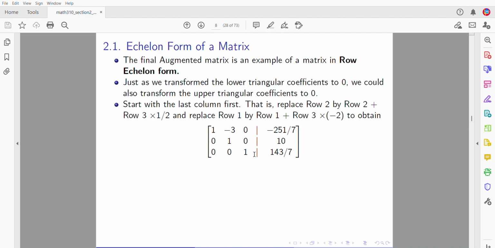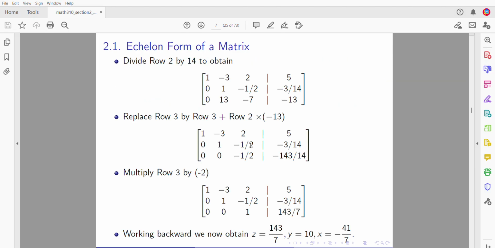If you got a 0 here and then try to change anybody here, it would make a mess back over here. So try not doing that. Always start from the last column. I have a 1 here, so let's go back to our row echelon form. I need to multiply this by half, add it to row 2.